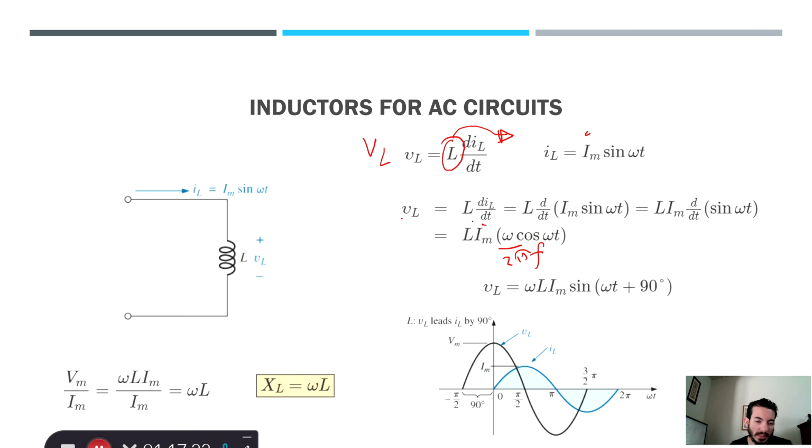Okay, so for example, in a case where they give you a voltage and a current, the reactance of the inductor, which is expressed with capital XL, is omega L, which is right here.